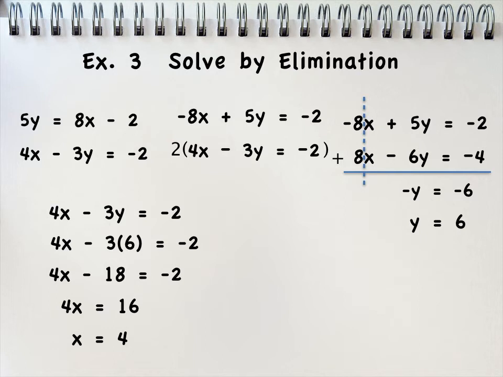I now have the x and the y coordinate of my solution, namely (4, 6). That is the point of intersection of the two lines. Now how I solved this system of equations was I rewrote them in standard form and I realized if I multiplied the bottom equation by 2, the x terms would cancel out.